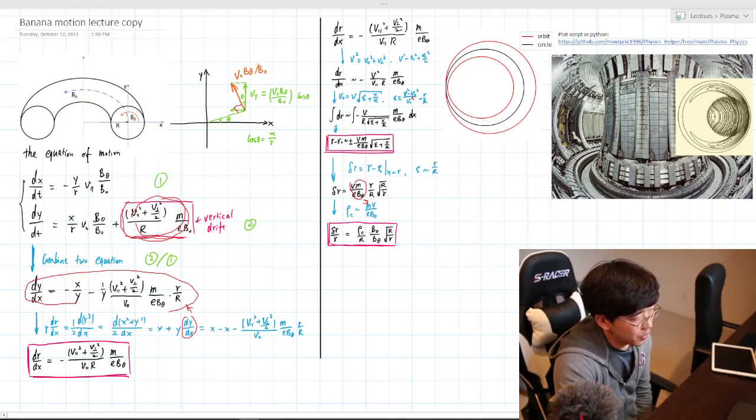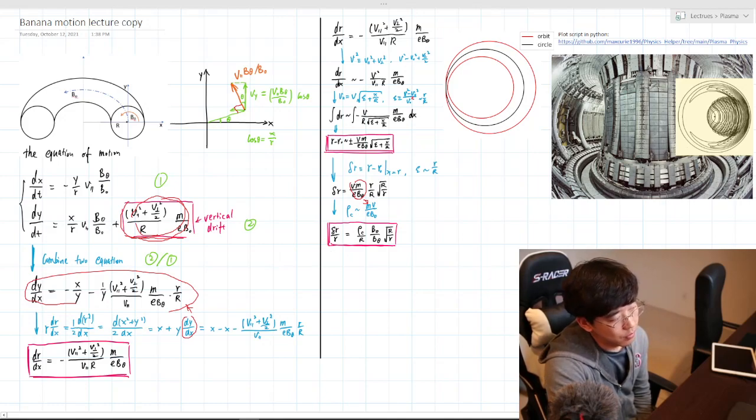Then we have B naught over B theta, transform this here, and divide small r on both sides, and we end up getting this. Pretty much the width delta r of the banana orbit can be expressed in this way.